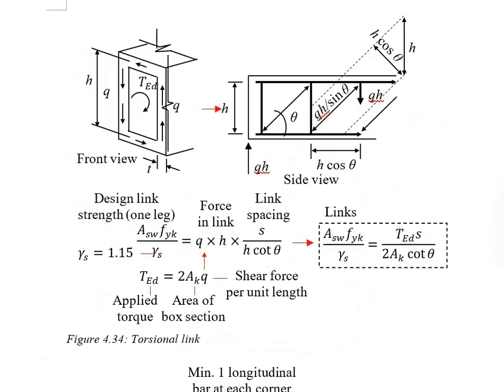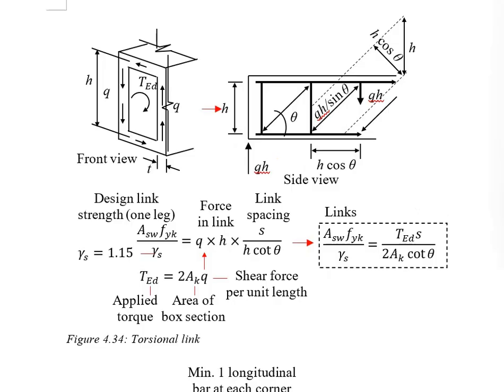Same principles apply. If you have calculated a certain amount of shear reinforcement as a shear link, the shear link can at the same time be used as the torsional link. However, the amount required for the torsional resistance will have to be added to the shear link.